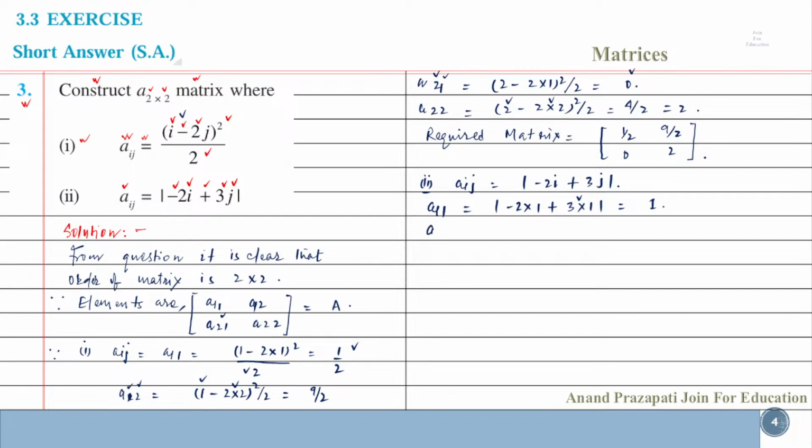A12 equal to minus 2 into 1 plus 3 into 2 equal to 6 minus 2 equal to 4 and absolute value of 4 is 4.